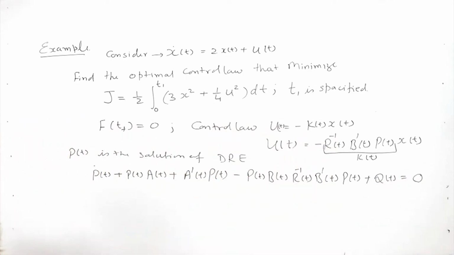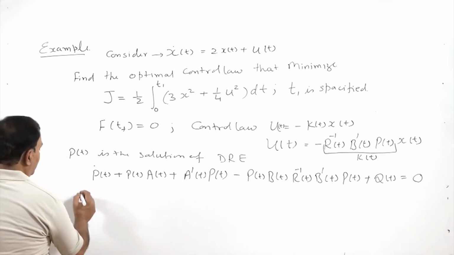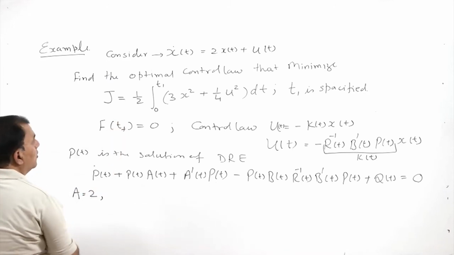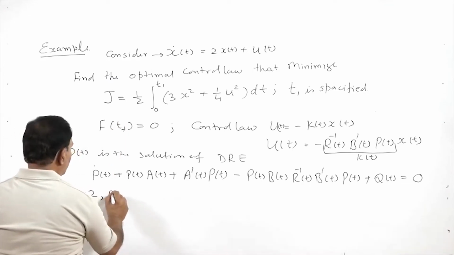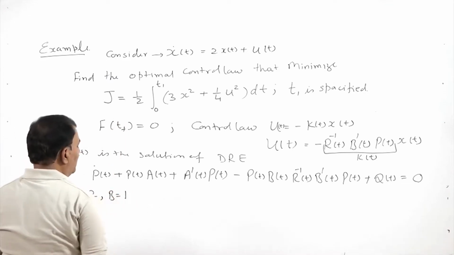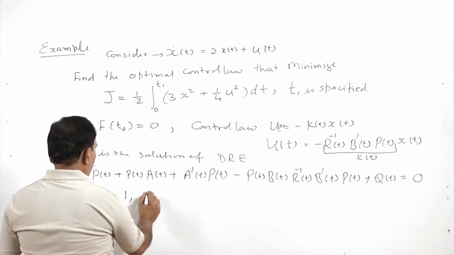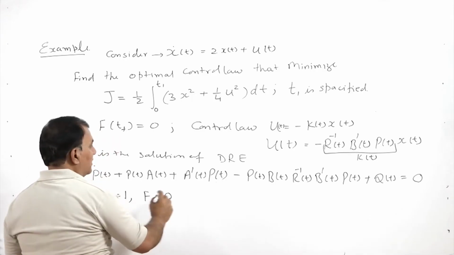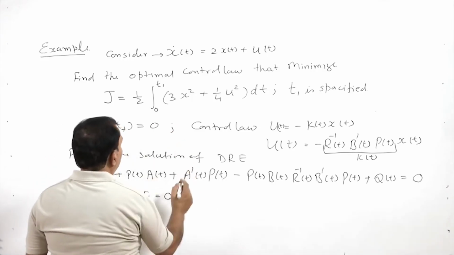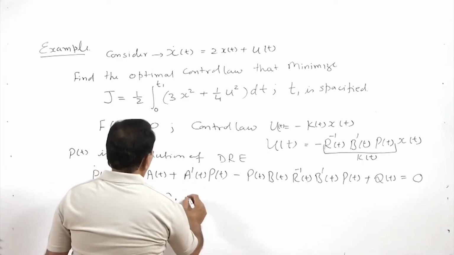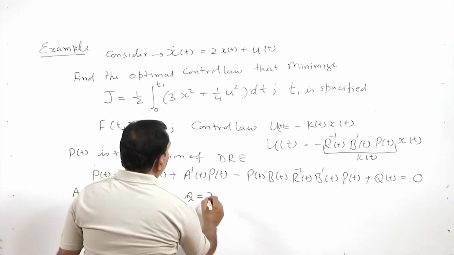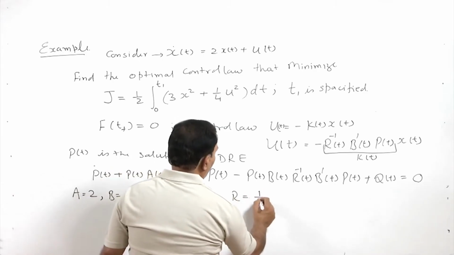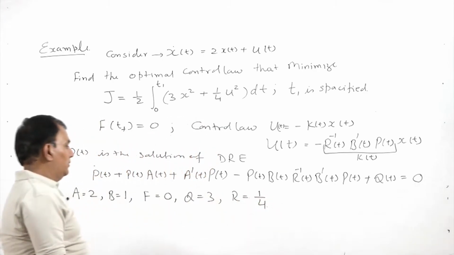Now, if you see what is my A, the system is 2xt, so A is 2, B is 1, F is 0, Q is 3 and R is 1 by 4.